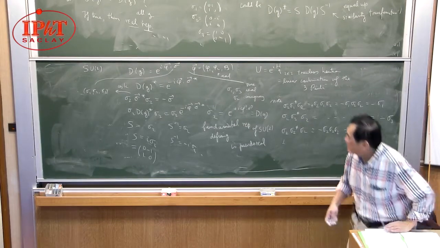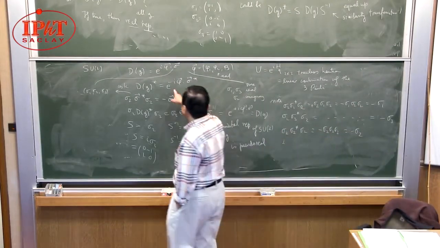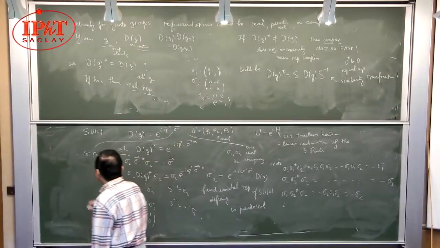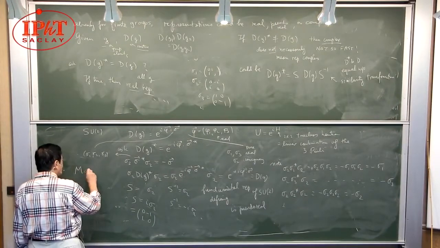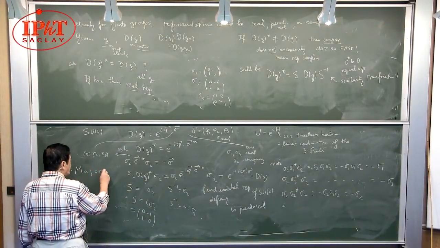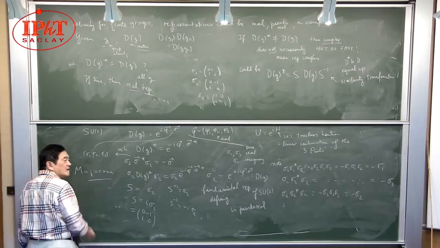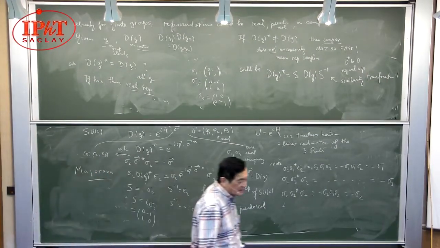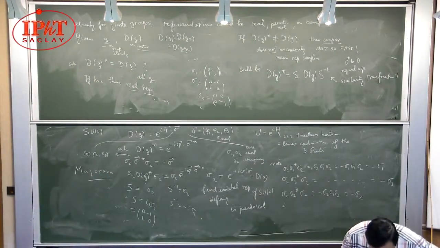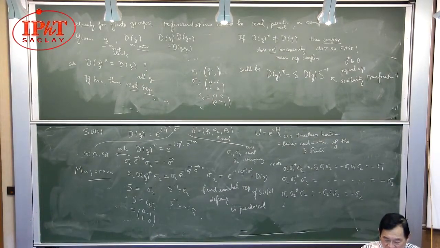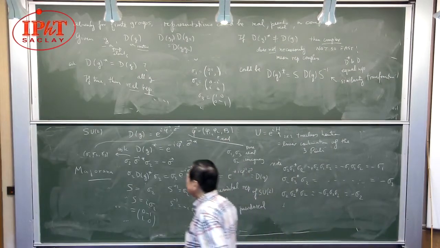But the amazing thing is that this fact that I showed you here has to do with the discovery of Majorana, that one could define Majorana spinors, and so this has become important in both particle physics and in condensed matter physics, as I said.